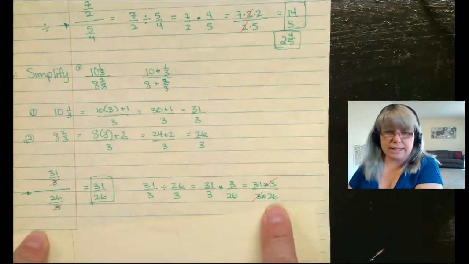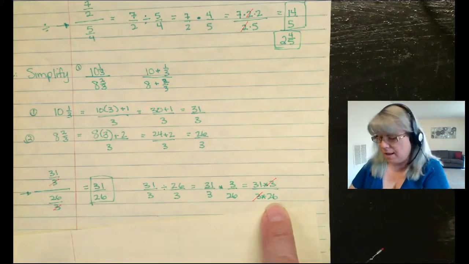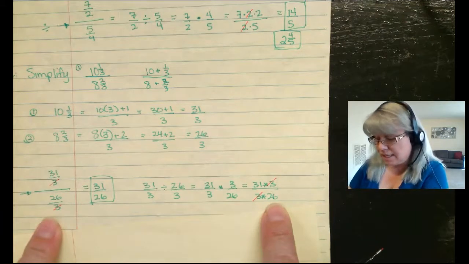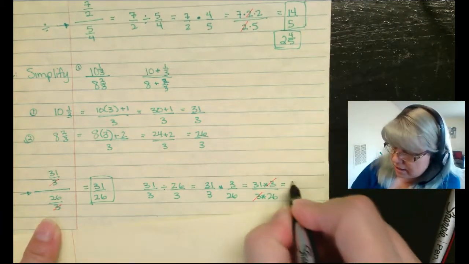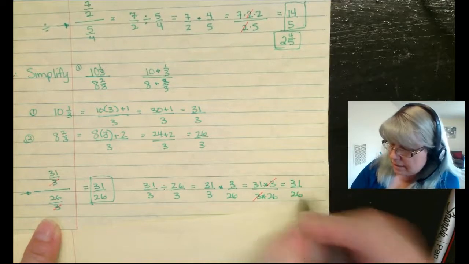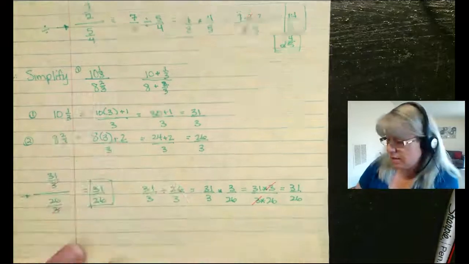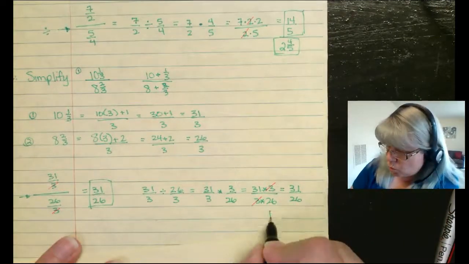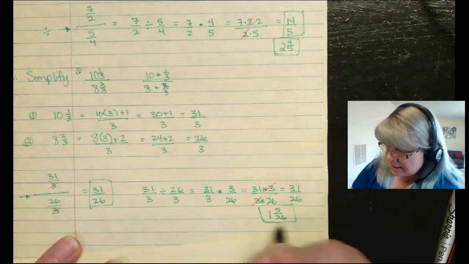So the trick is, if they're exactly the same, why don't you just cancel them out in the very beginning? Reduce now. Right? And then finally your answer is 31/26. Since I started with mixed numbers, I really should end in mixed numbers. That's going to be 1 with 5/26.